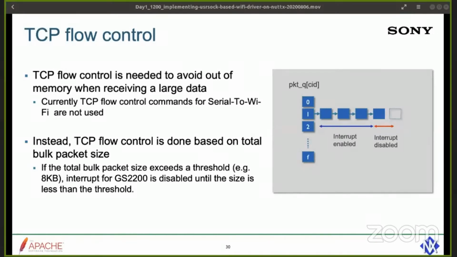However, writing data speed might not be fast, so the internal packet queue might become very large if we do not implement flow control.